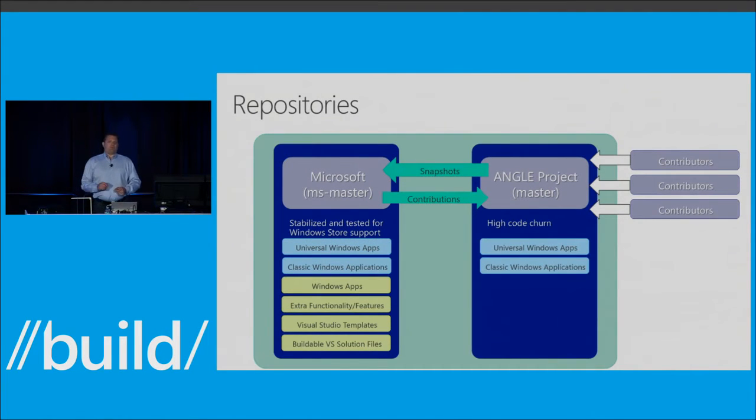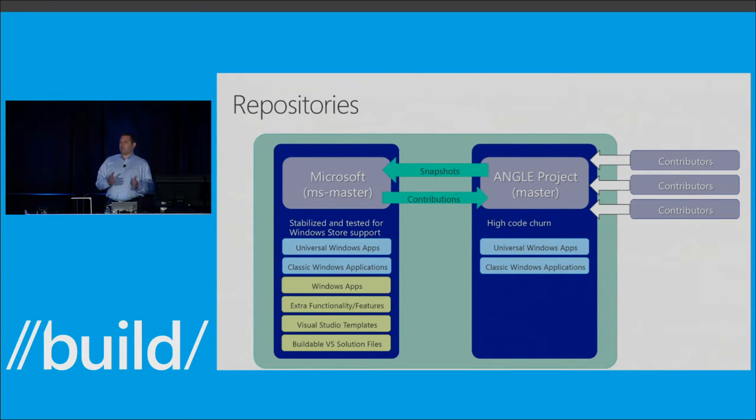I mentioned open source. The open source aspect of this is that the Angle project has its repository. The motivation early on was that they wanted to get the Chrome browser to render WebGL in a desktop application. Our motivation was to be able to support the Windows store and any apps that go through there.